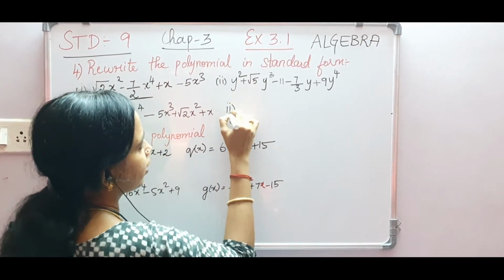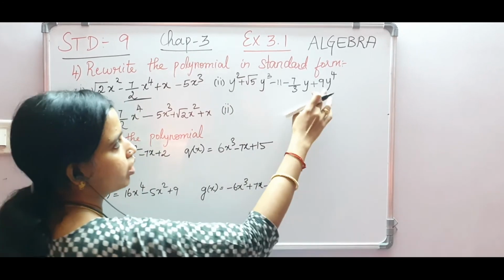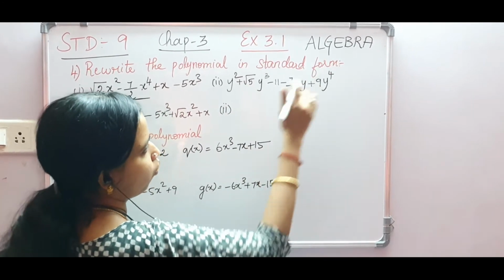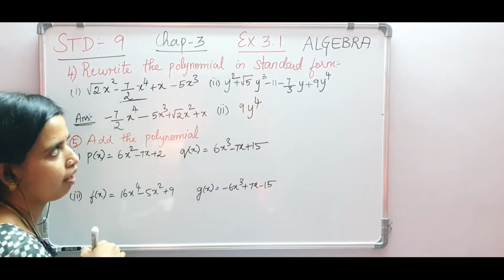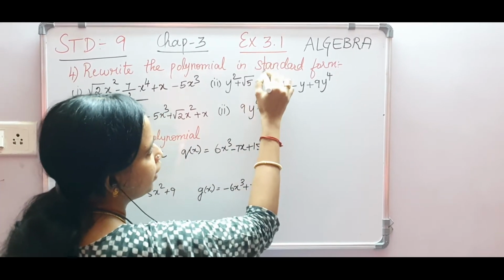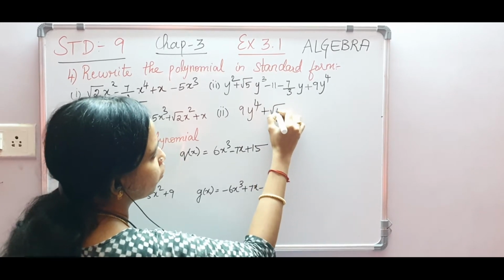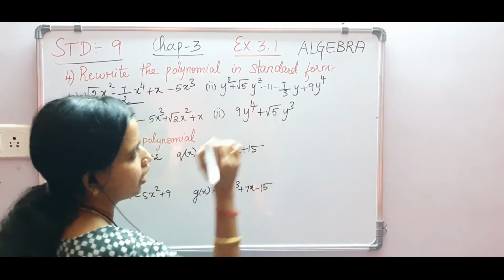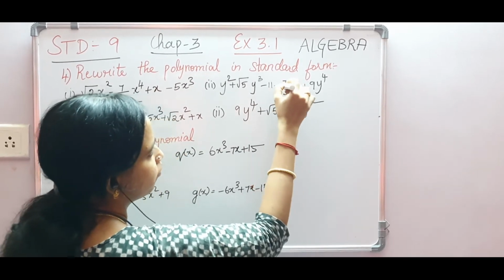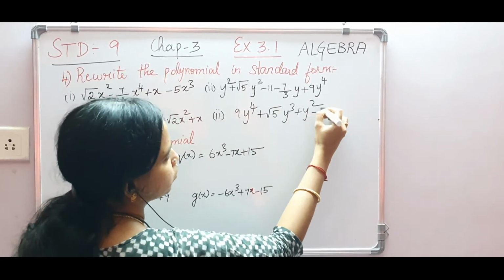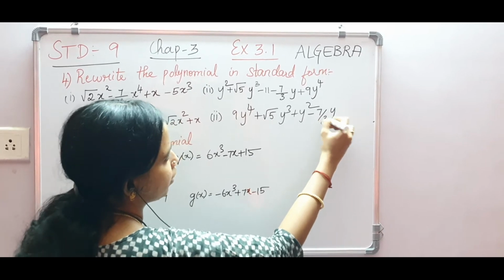Let us try with this example. First, the highest order is 4, so we have to write this as 9y power 4. And the next term will be cube, so plus square root 5 y cube. And the next term will be square, so y square. And the next term will be just y, minus 7 by 3 y.